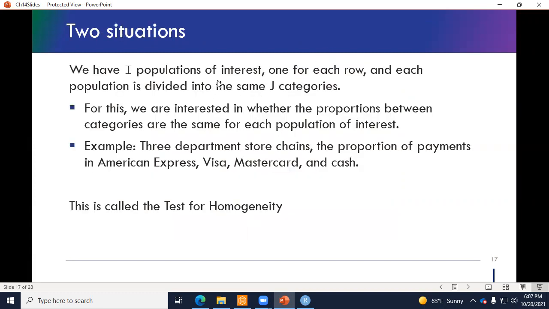Actually, we have two different situations for testing with that two-way table. This is the first situation. We have I populations of interest, one for each row, and each population is divided into the same J categories.